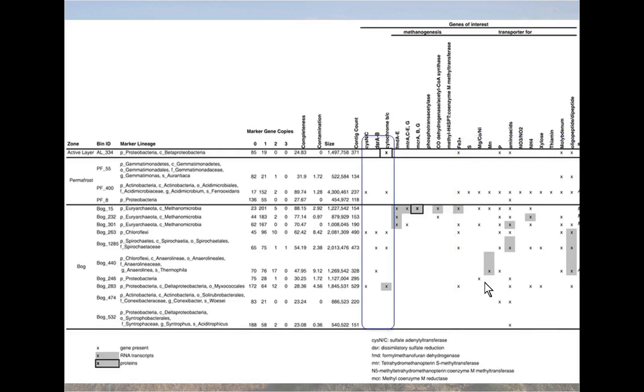Then in the permafrost they had some Acidobacteria, and the thermokarst bog Chloroflexi had genes for iron reduction and sulfate reduction as well. And then the methanogenic archaea that I found from the thermokarst bog had genes for methanogenesis.